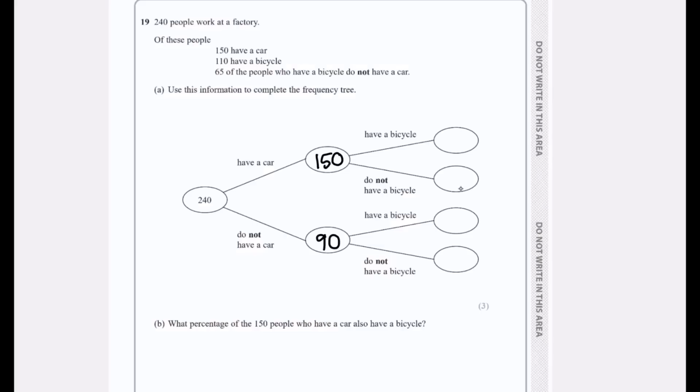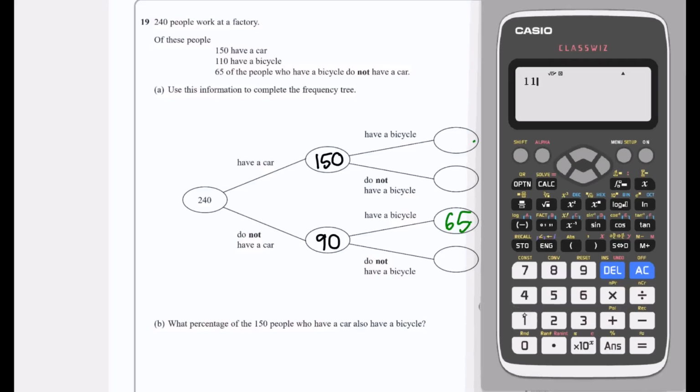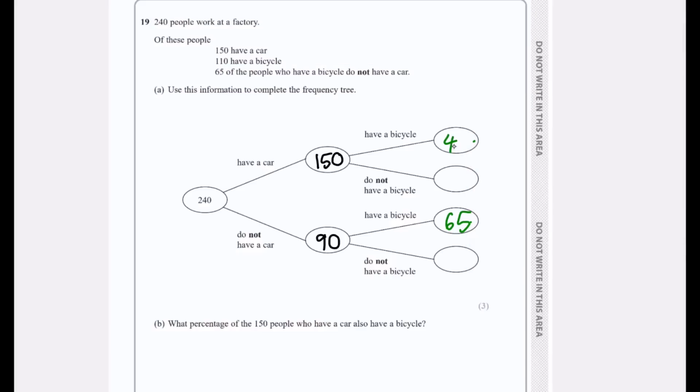110 have a bicycle. So that would be these two added together. 65 of the people who have a bicycle do not have a car. The do not have a car bicycle is 65. 110 minus 65, which is 45, must go in the other box, and then we can just work out the missing numbers.